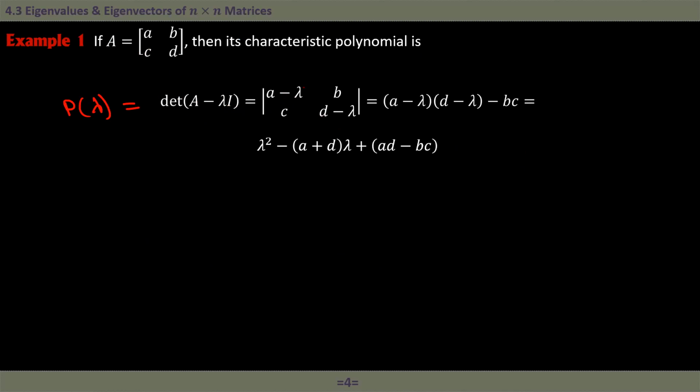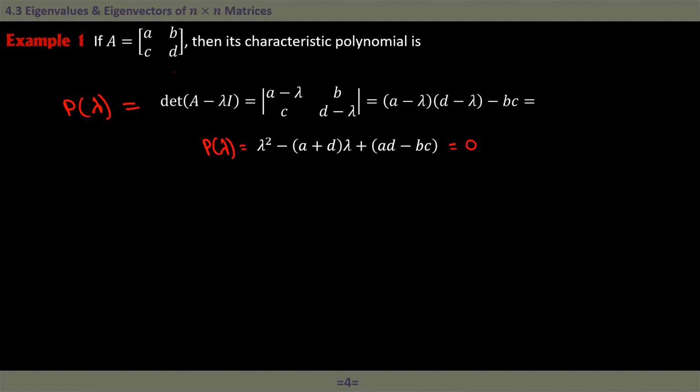So we have a minus lambda, d minus lambda, and computing the determinant gives a minus lambda times d minus lambda minus b times c. Simplifying, we have lambda squared minus (a plus d) lambda plus ad minus bc. It's simply a quadratic expression, so p of lambda is quadratic, and if we put an equal sign, it becomes a quadratic equation.